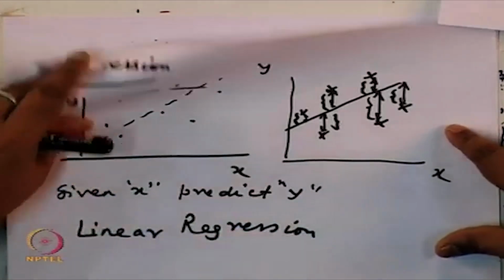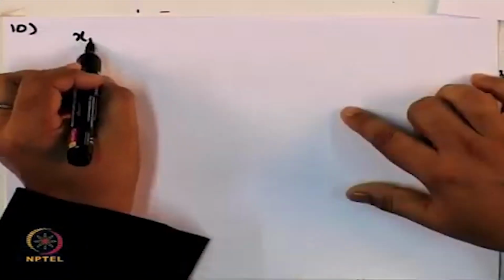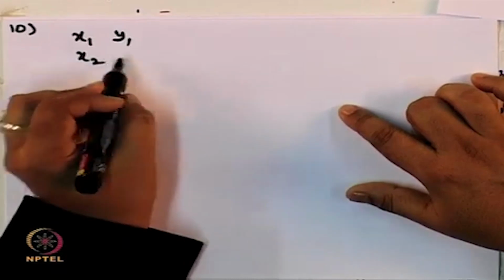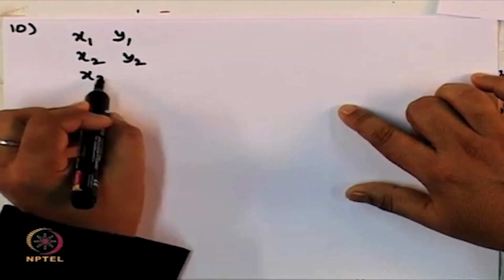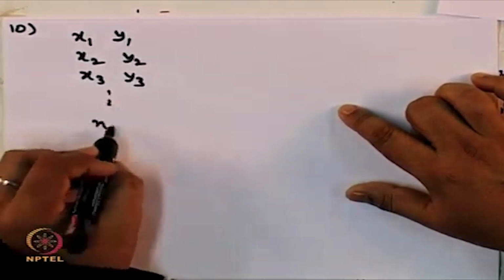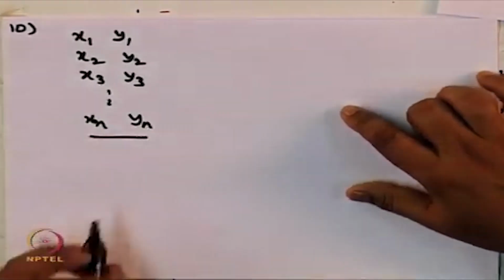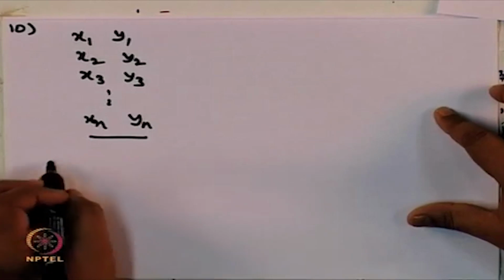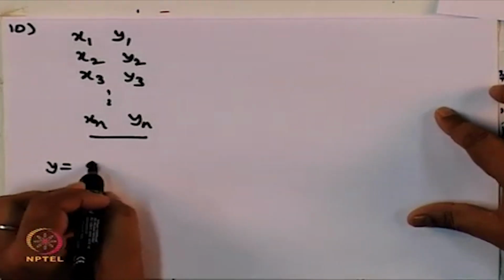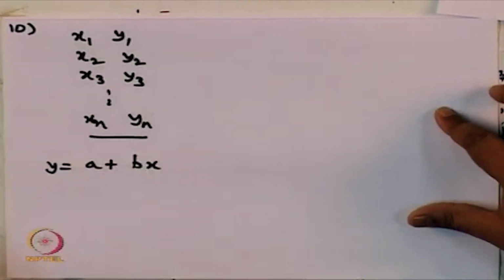Okay. So, let me reframe the problem statement. You have, let us say, x1 y1, x2 y2, x3 y3, up to xn yn, n values. Given n values, can you draw a line y is given by a plus bx.